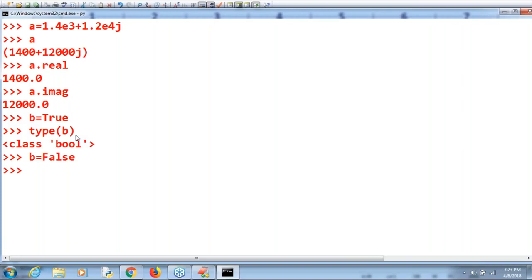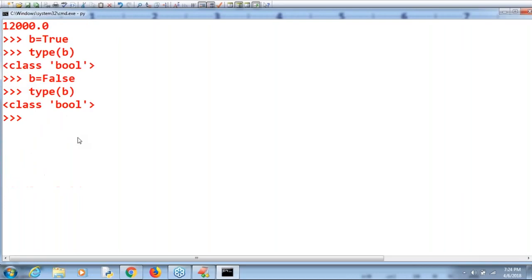Similarly, b is equal to False. If you take the type of b, obviously it is bool, the Boolean data type, right? So the only allowed values for the Boolean data type are True or False. Bool and Boolean are both the same, no problem at all.